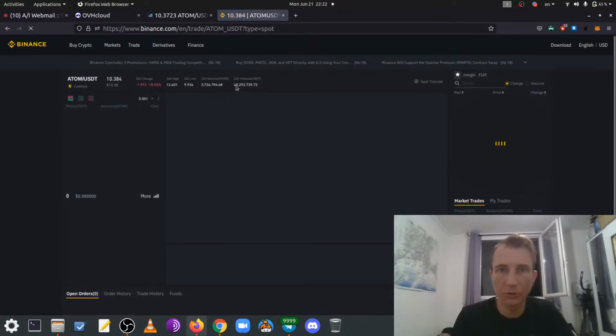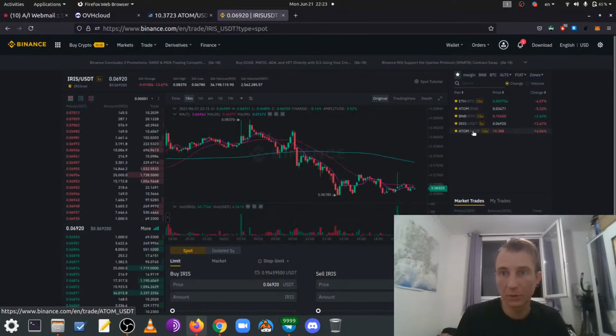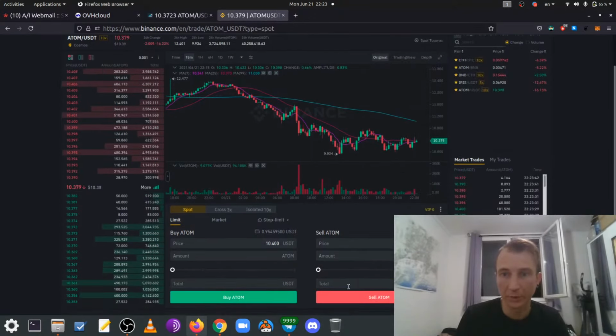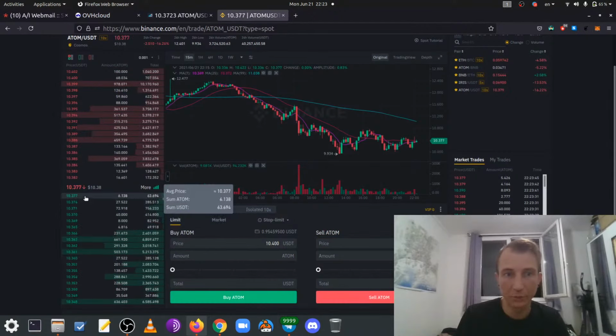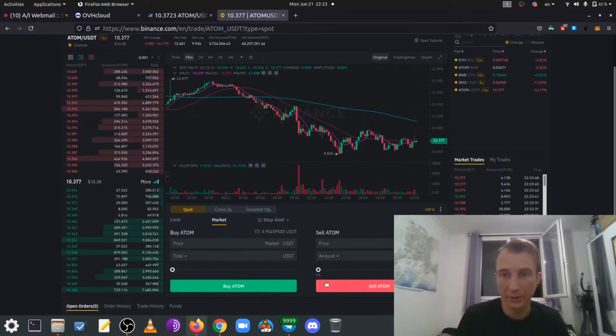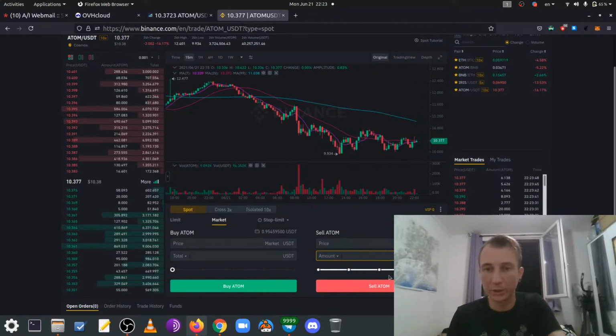Atom trade to USDC. We see that our atoms come. We choose market price and selling 100 atoms.